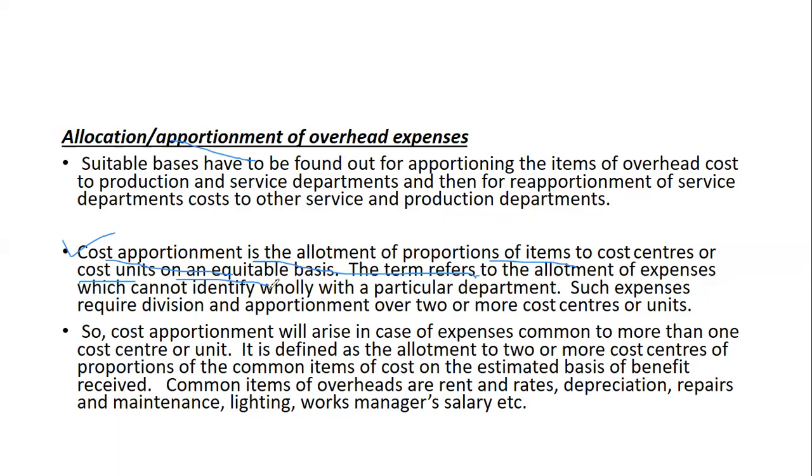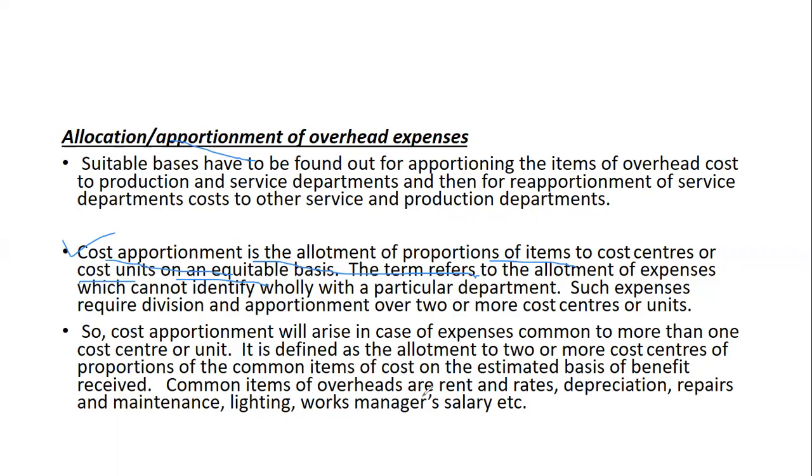There are some bases of apportionment that we use as we share the overhead between different departments, normally between service and production departments. We share based on certain bases, what we call the basis of apportionment. We'll look at it as we continue going through these slides.